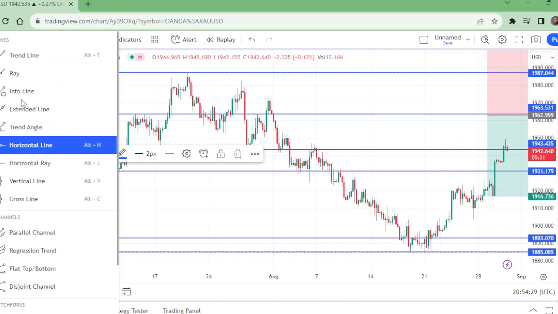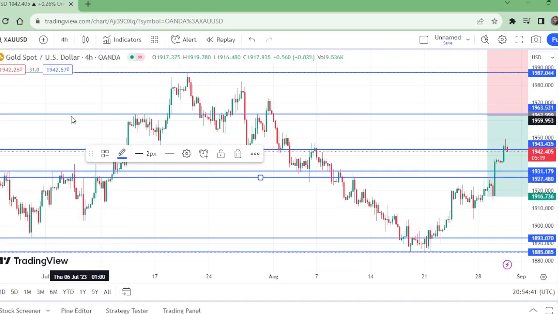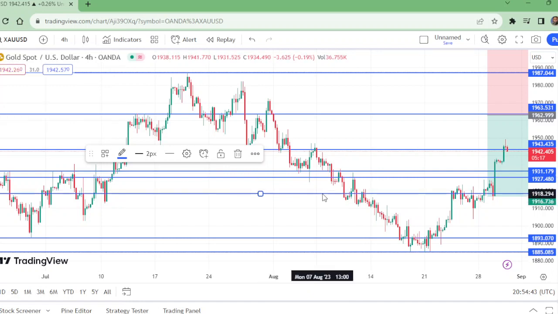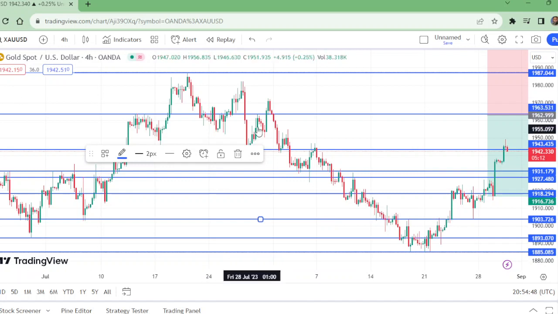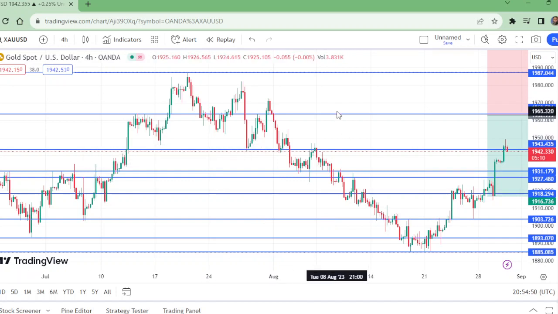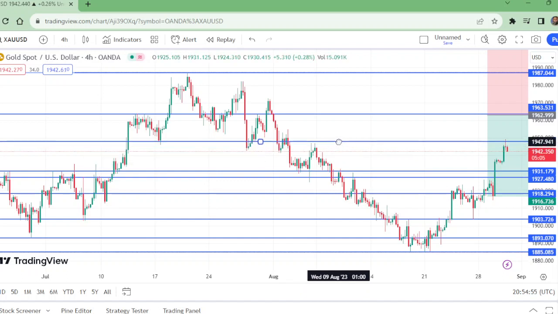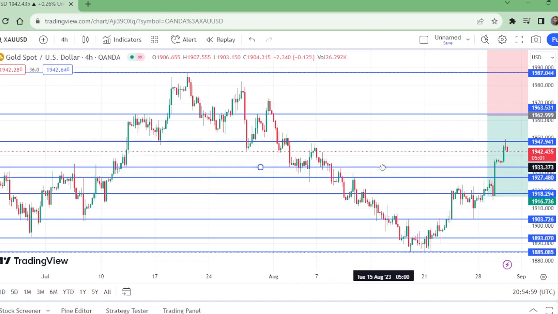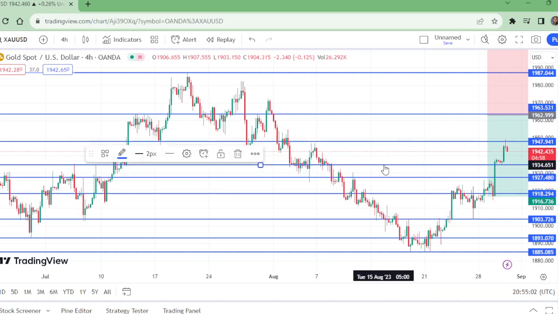Now let me adjust this. We can have one take profit at this level also. Now let me adjust this. One will be here. Now I am adjusting these take profits. Now I think it could be at this level. This is the first take profit, and here we have the second take profit.